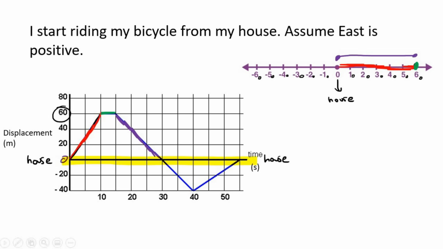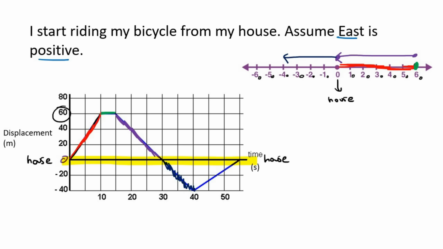Then for this part, can you see that the displacement is now becoming negative? All that means is we're going in the opposite direction of what we chose as positive. So now we're going to start going towards the west side. For that part, we go all the way to 40, but it's 40 on the west side.